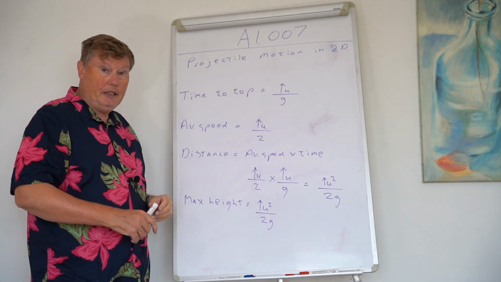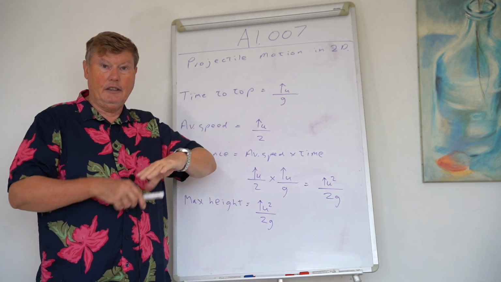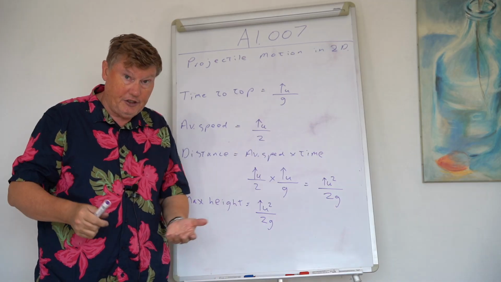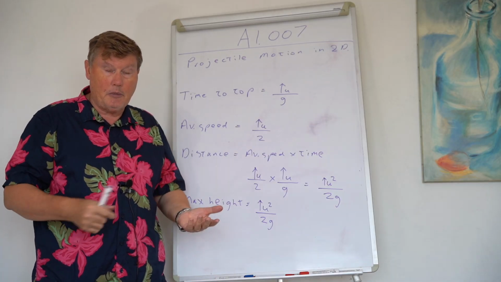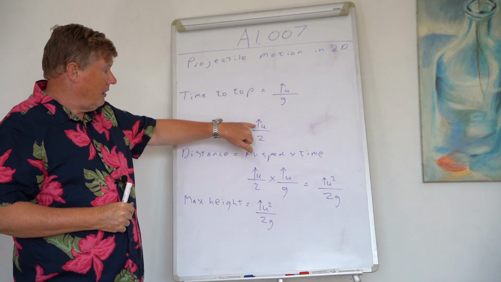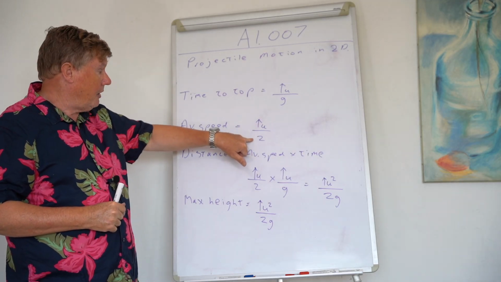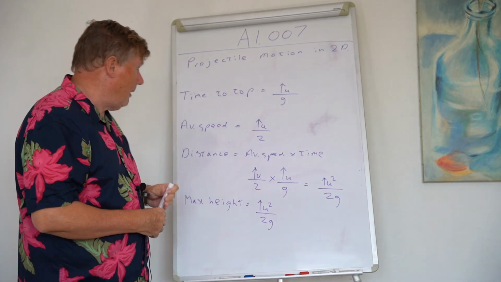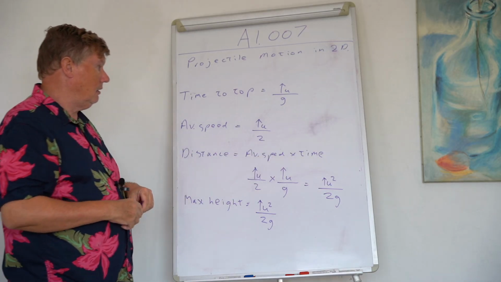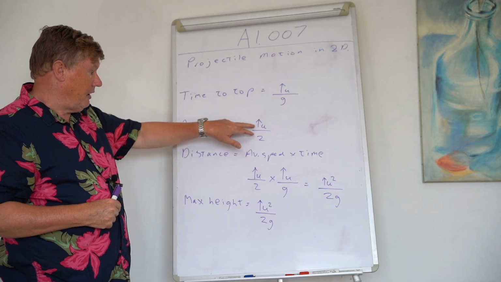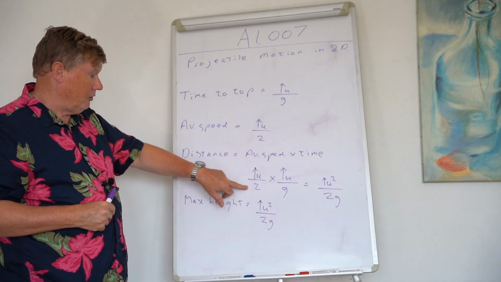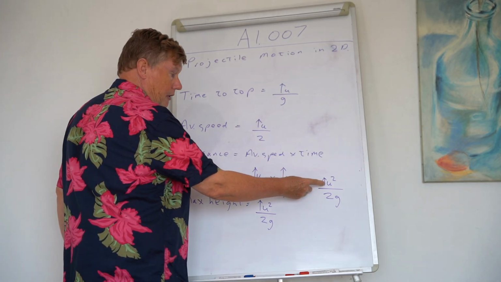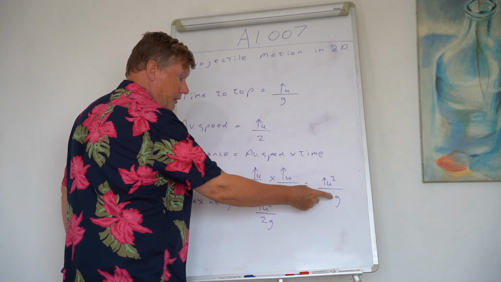Do you also agree that if you start at 20 and you finish at 0 and your acceleration is constant, then your average will be the halfway mark. It'll be the vertical component of U divided by 2. And therefore the distance that you will travel as you go up will be average speed times time, which is the vertical component divided by 2, times the vertical component over G, which is the vertical component squared, divided by 2G.